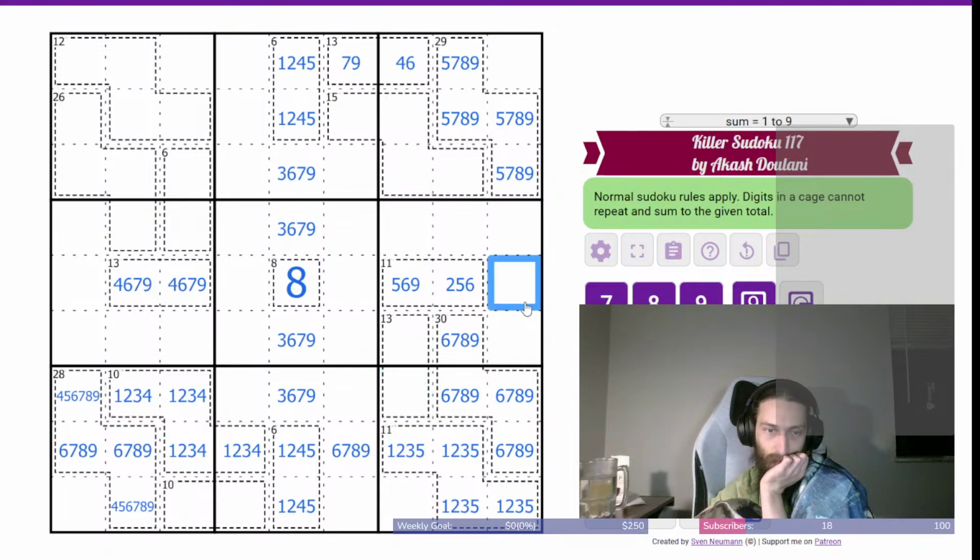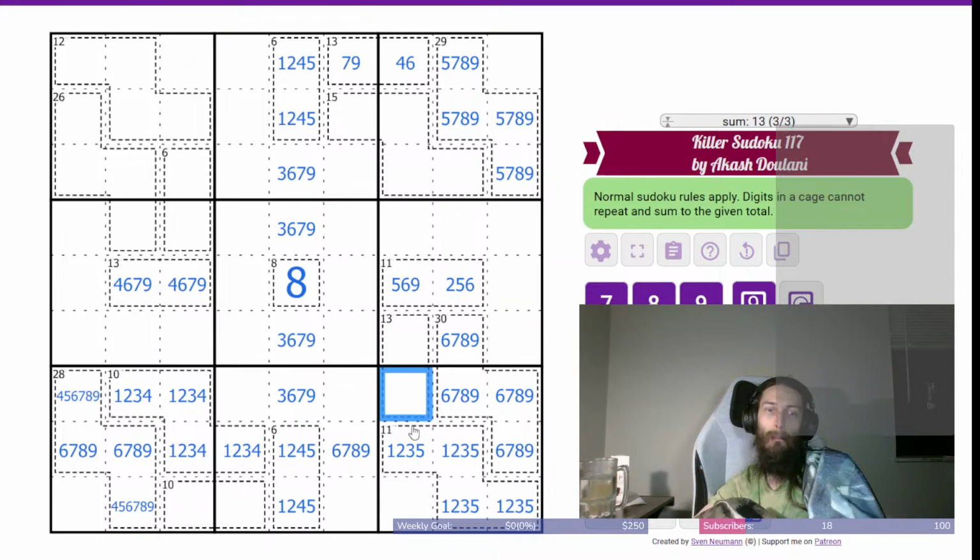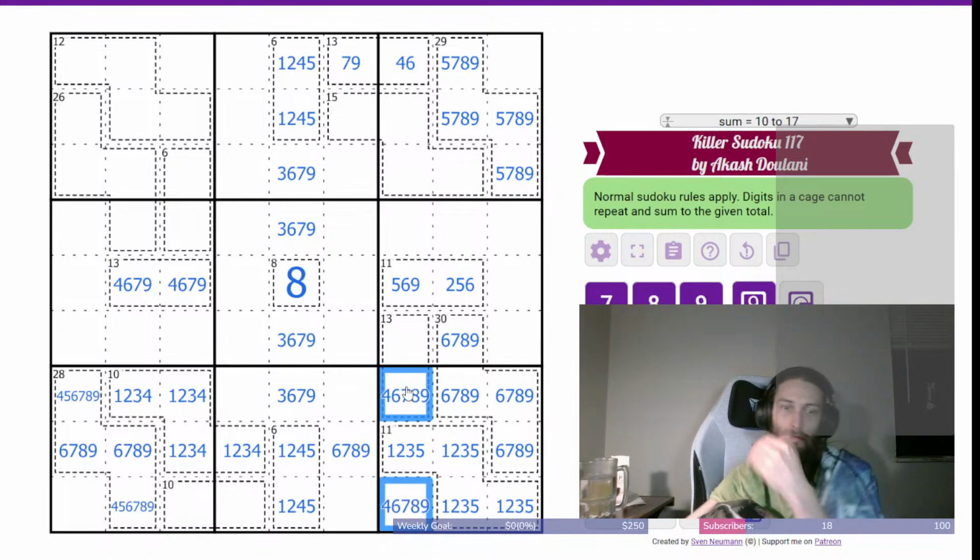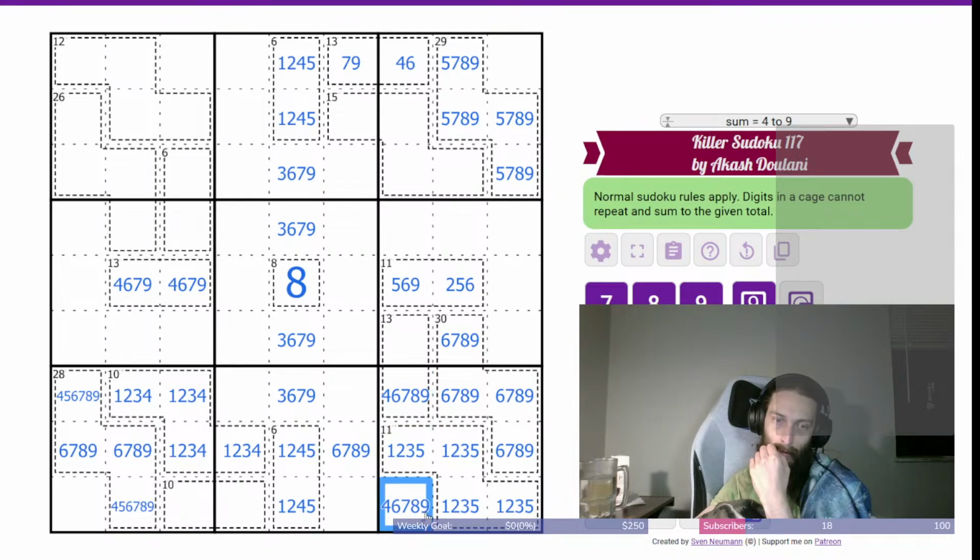It's useful to mark. All right. The empty spot in box 9 that's not any part of any cage. 30, 40, 54.